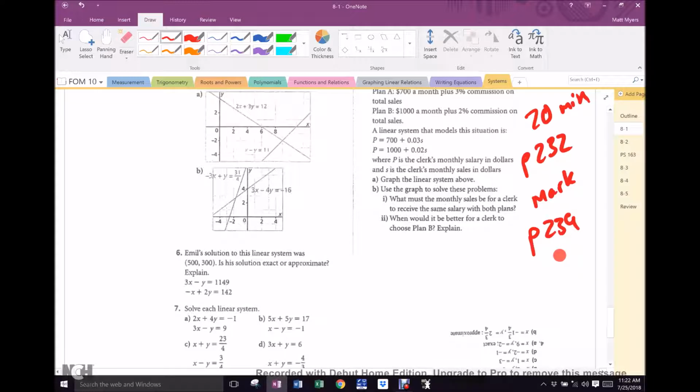I expect you to be comfortable with page 239, and we will have marked 232, and we will probably have gone over your test by 12:05. The last block will be spent doing the next 2 versions of solving. Go.